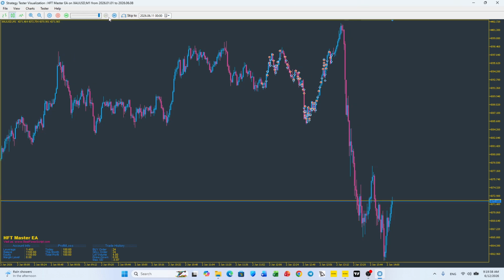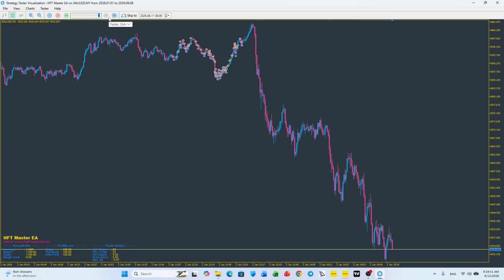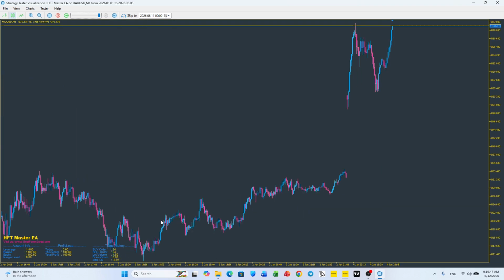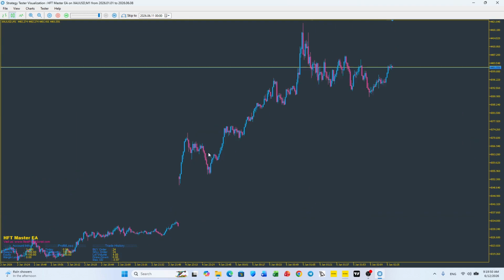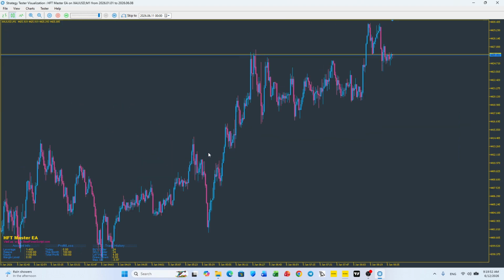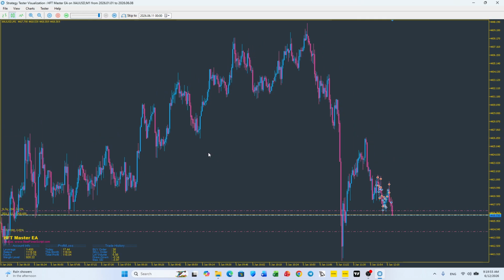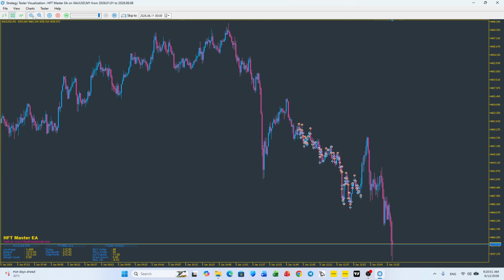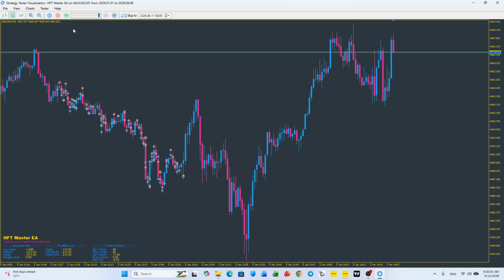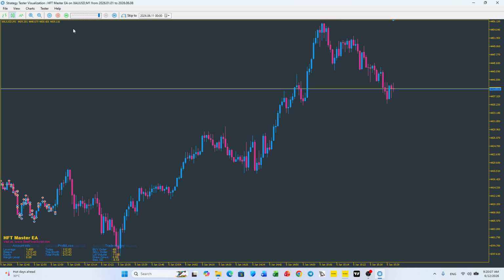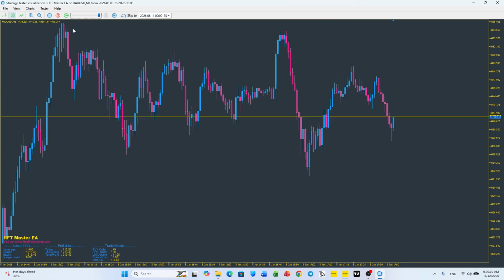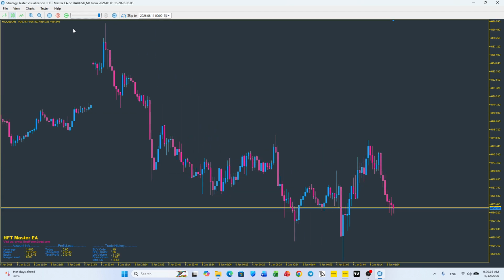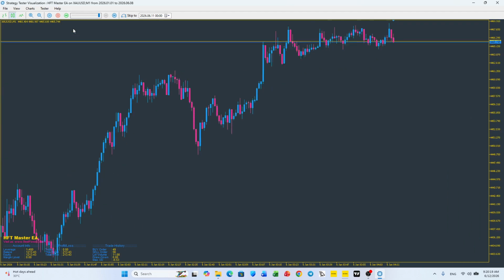I will move faster. You can notice the drawdown is very low because we use stop loss and take profit. Now it starts again, a new day. It completes the day, another day. I'm running it on the 1 minute time frame because I want to see the most from it.